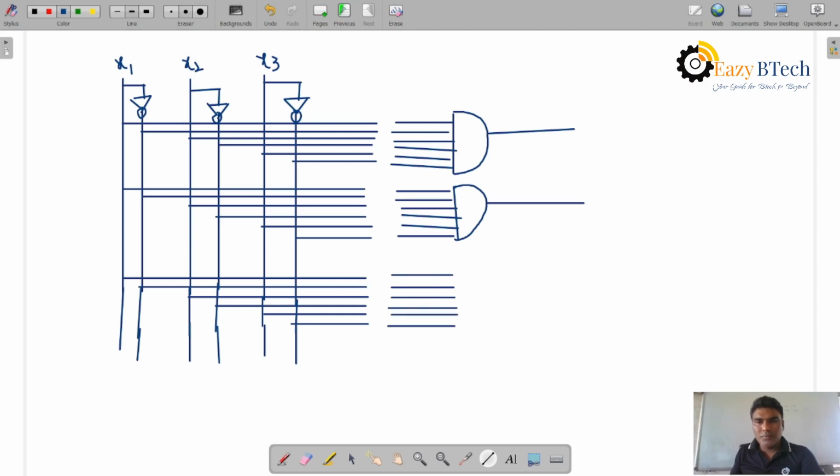The 6 fuse connections go to an AND gate. All of these AND gates are connected to one fixed OR gate.